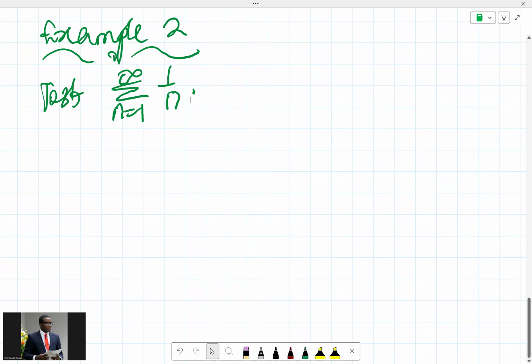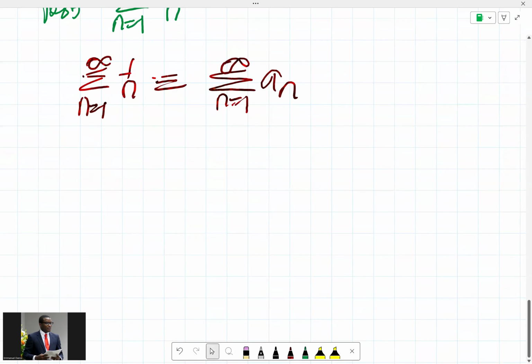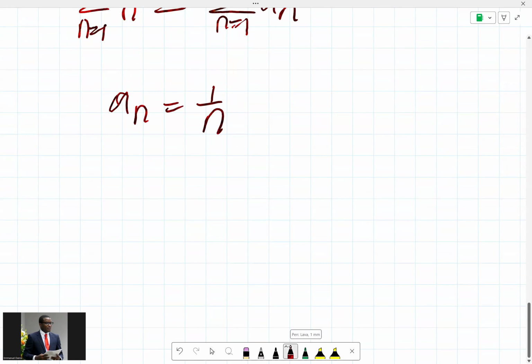Again, if you write summation from n equals 1 to infinity of 1 over n, and compare it with the general form, which is summation from n equals 1 to infinity of an, that tells you that an is equal to 1 over n. So now you need to find the limit of that 1 over n.